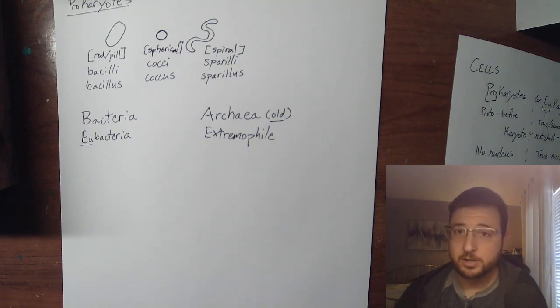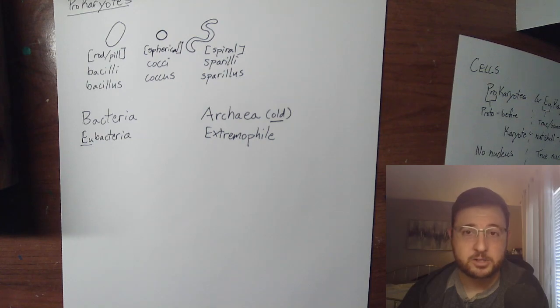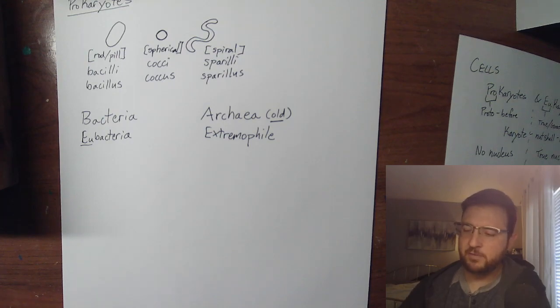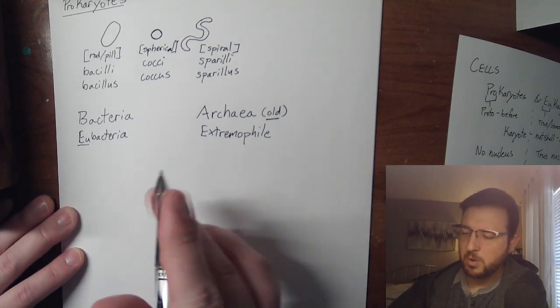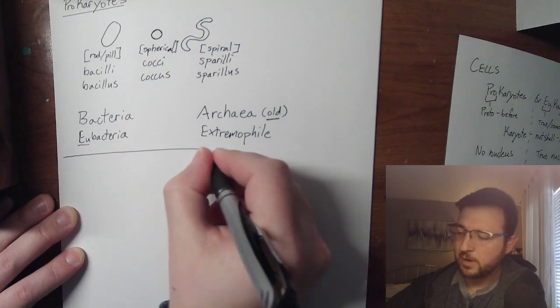This early life also lived without oxygen. Oxygen is pretty reactive, and it would want to bind with different things in the environment. And so there would not be a lot of free oxygen floating around in the air until photosynthesis came around. So just keep that in the back of your mind, because we want to talk about eukaryotes now.